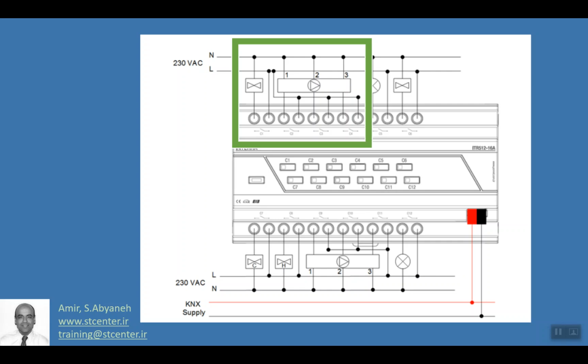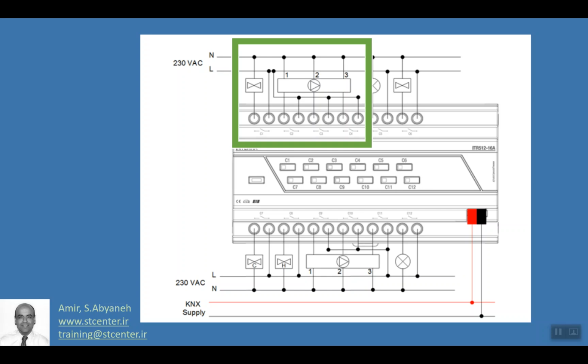Output 1 is going to connect to the valve. Outputs 2, 3, 4 are going to connect to speed 1, 2, 3. Remember that for KNX devices you should always follow the rules in the datasheet or manual to do the wiring.